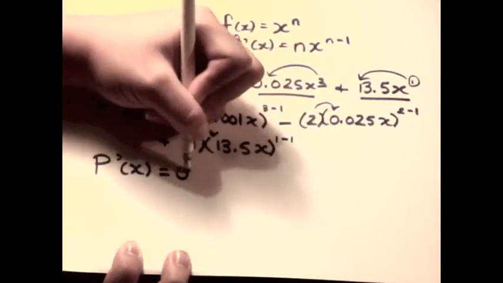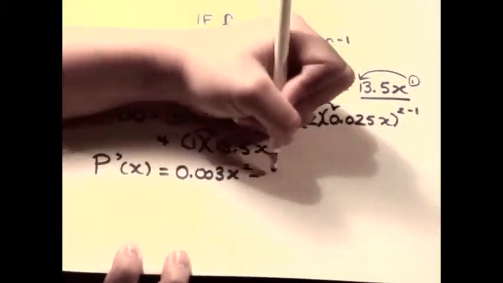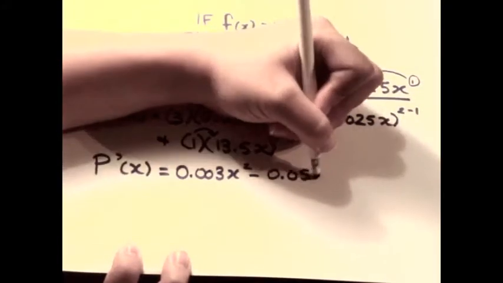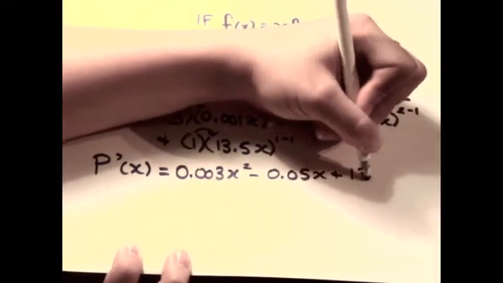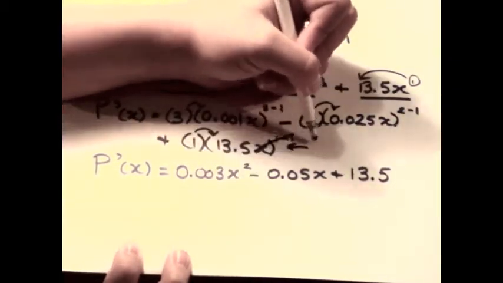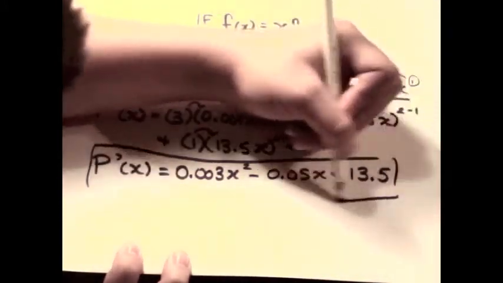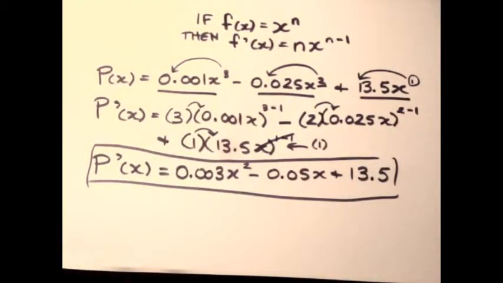So we're going to end up with an answer of, we're going to just expand these terms, so 0.003x to the power of 2 minus 0.05x, and then plus 13.5, and then you have x to the 0, which is just 1. So that term is just going to be 13.5.